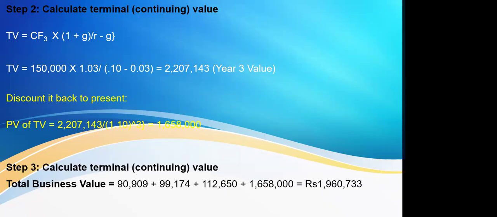Without G, you remove 0.03. So 150,000 into, G is 0, multiplied by 1, again 150,000 divided by 0.10. What is the answer?